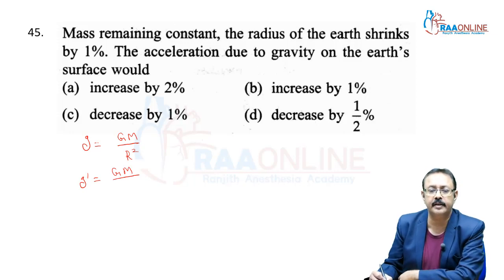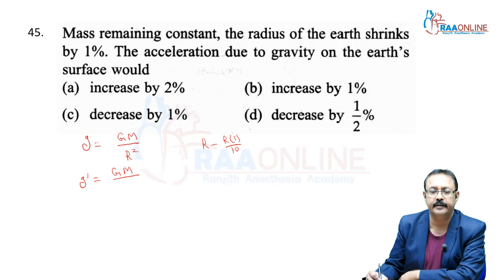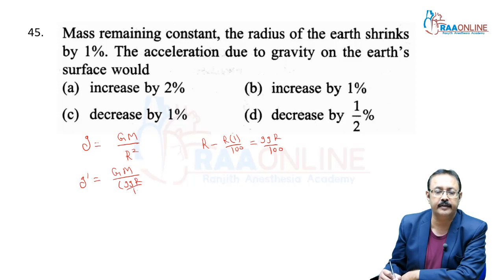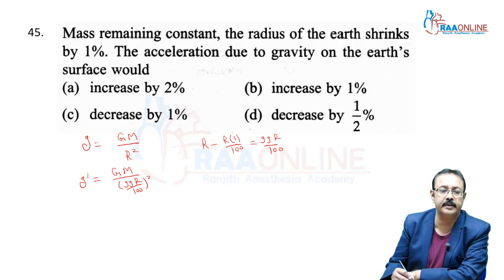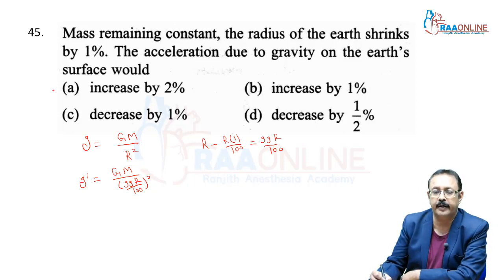So the new radius is r minus 1% of r, which is r into 1 upon 100. So it is 99r by 100. So in place of the radius we have to write 99r by 100. Since we are decreasing the denominator, g should increase, meaning either A or B.